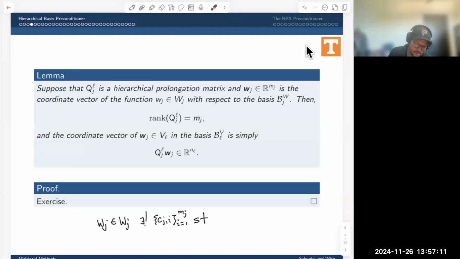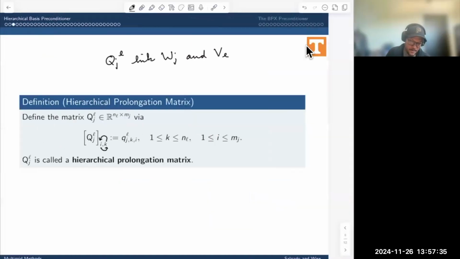This is my symbol for unique, E-bang: there exist unique elements such that WJ is equal to the sum, I equals 1 to MJ, of CJI times the basis elements phi JI.